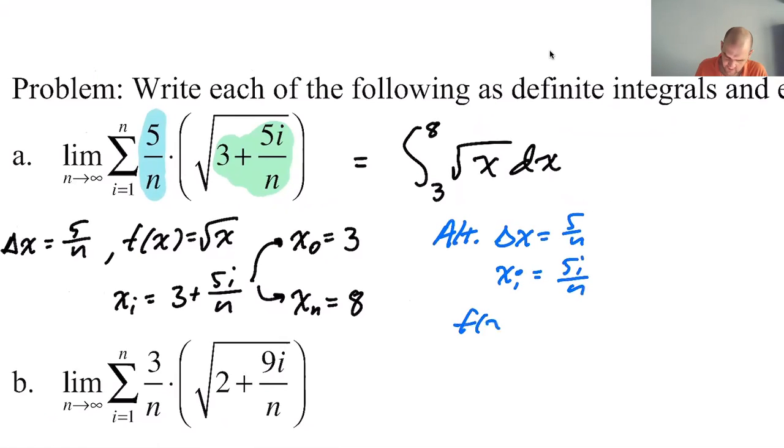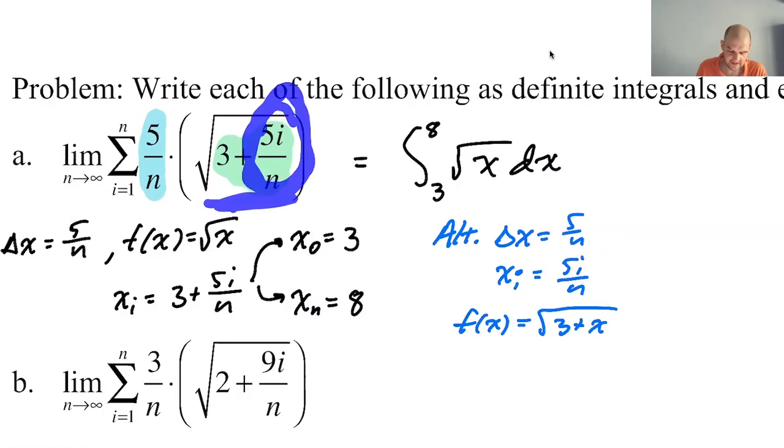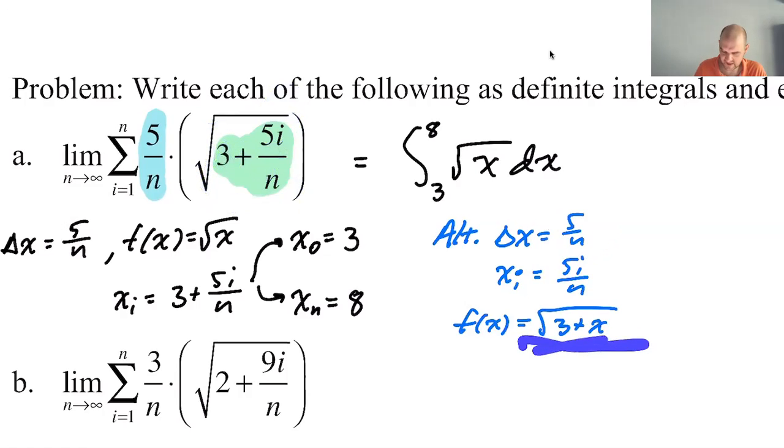And if that's the case, then we think f of x must be the square root of 3 plus x. So I'm saying that delta x is 5 over n. I'm looking at this and I think this is x sub i, just 5i over n. Well, if that's the case, then you're doing radical 3 plus x sub i, so radical 3 plus x.